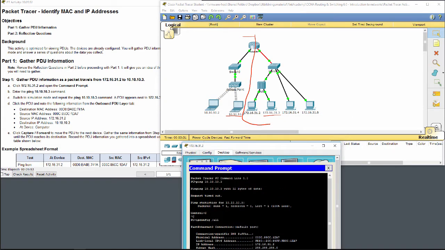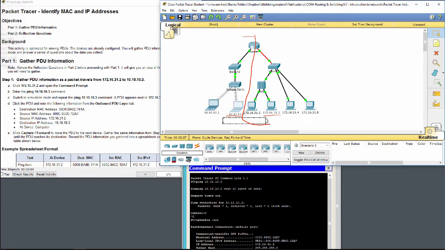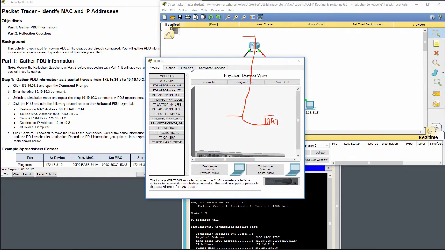So let's write that down in the topology drawing. We have this machine, and it's 1DA7, the ending of the MAC address. Let's have a look at the MAC address for the destination machine as well, while we are at it.